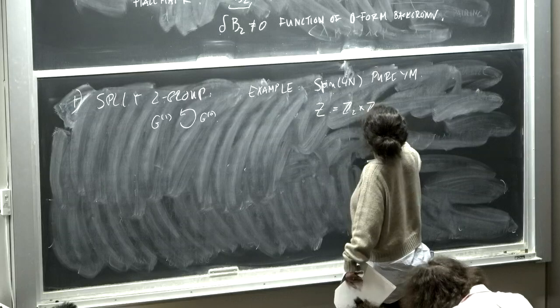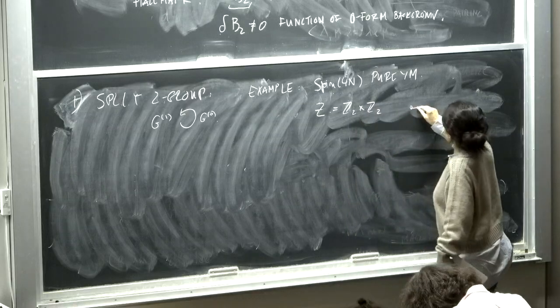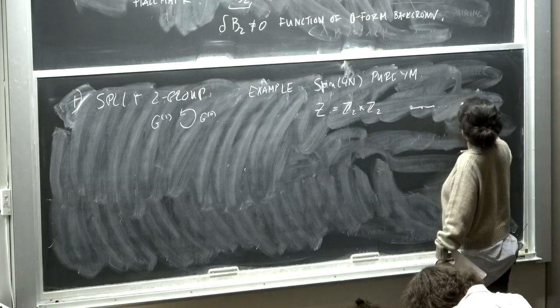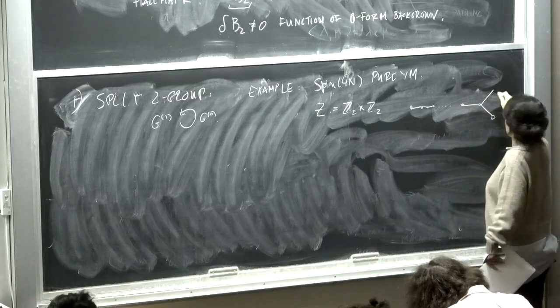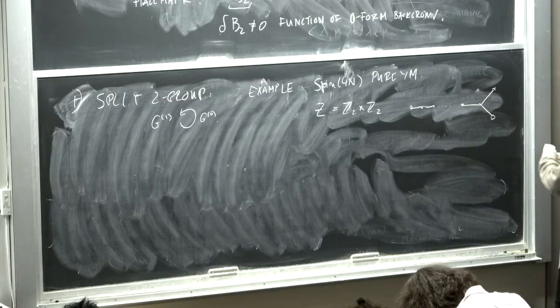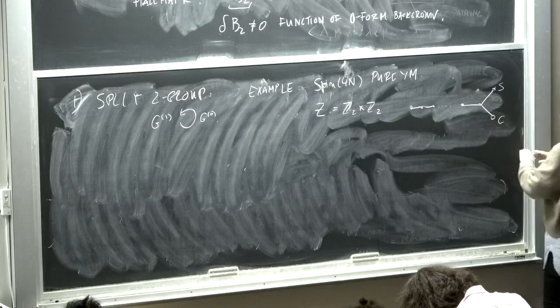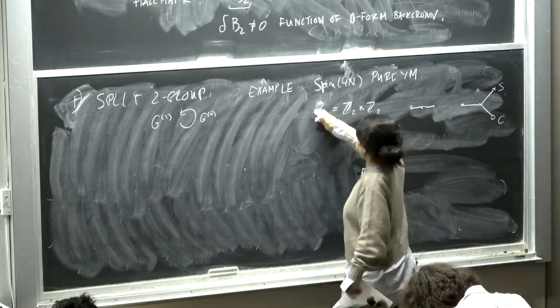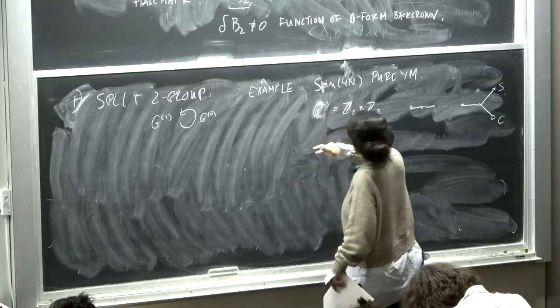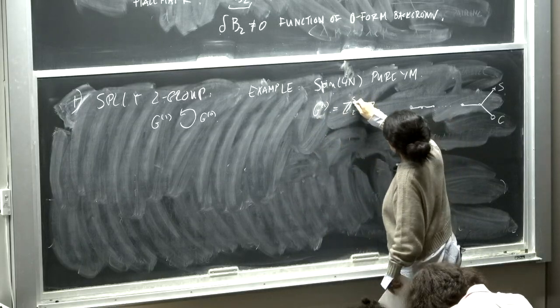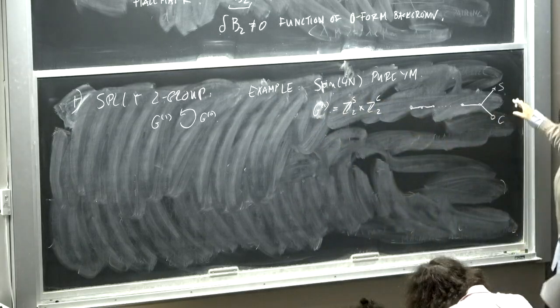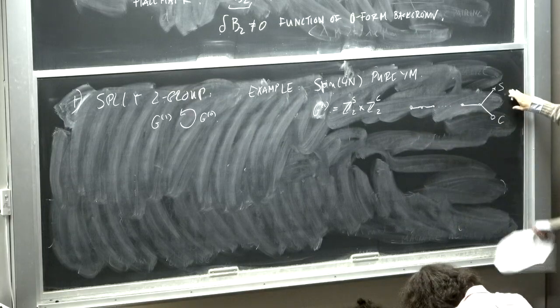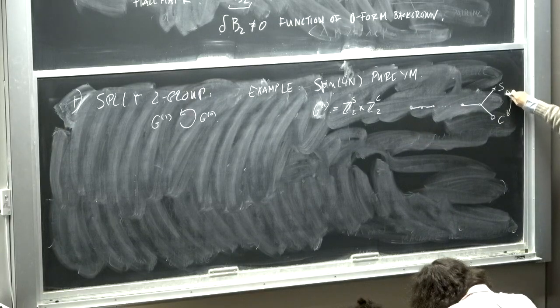So the center Z of this is Z2 times Z2. If you look at the Dynkin diagram, essentially there's a spinor and a co-spinor, and both of these generate, so the one-form symmetry for this group is the center, which is just Z2 times Z2, and this is the spinor and the co-spinor line. And the zero-form symmetry is now just the exchange of these.